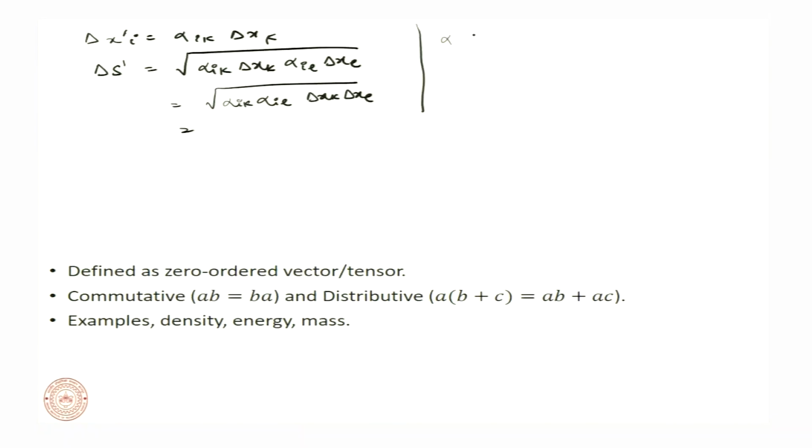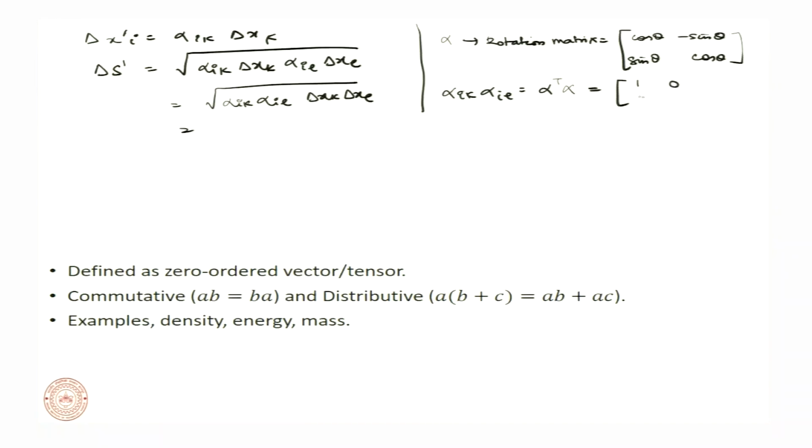So, alpha is a rotation matrix, for example cos theta, minus sin theta, sin theta, cos theta. So alpha_ik alpha_il is actually alpha transpose alpha, and if you do this, you will find it is 1 0 0 1.